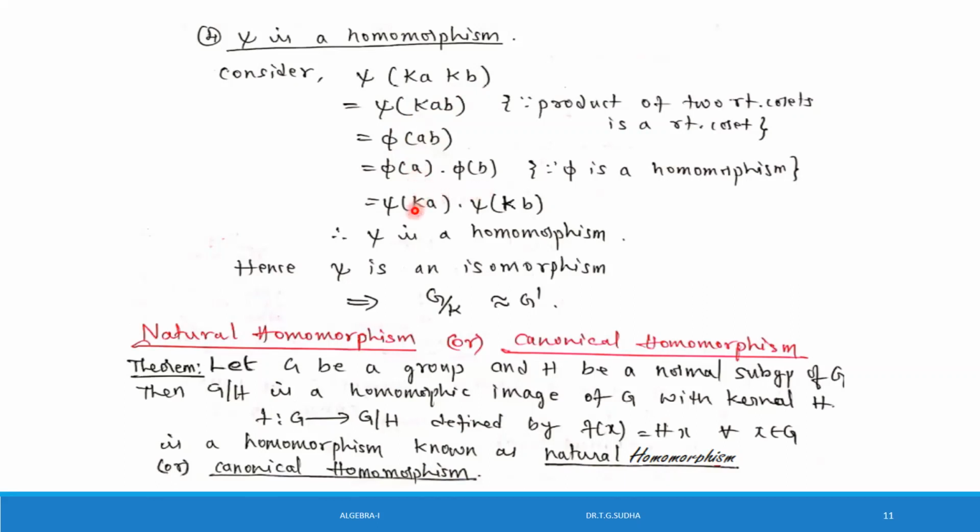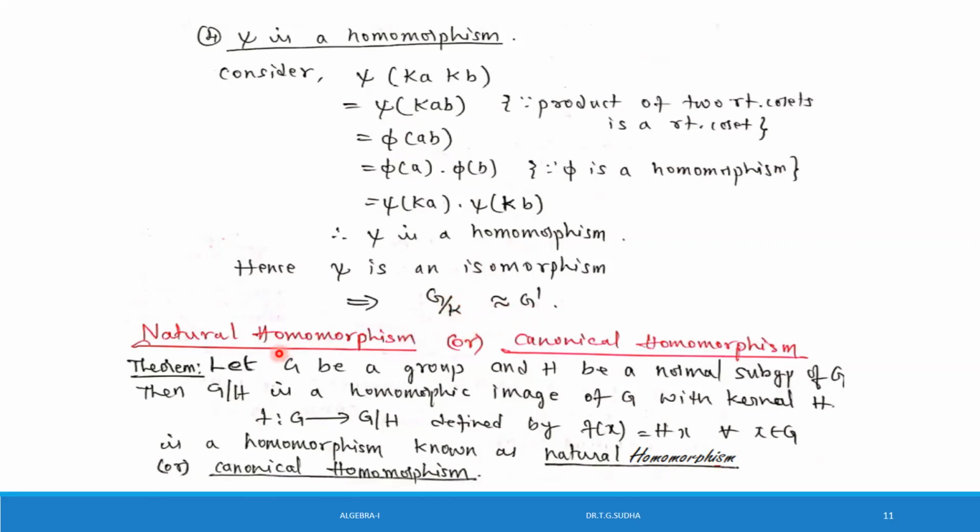Now phi of a can be written as psi of Ka and phi of b can be written as psi of Kb. So to begin with, we took psi of Ka into Kb and we showed that that is equal to psi of Ka into psi of Kb. Therefore, psi is a homomorphism. Since psi is already 1-1 and onto, psi is an isomorphism. That is the mapping psi from G by K to G dash is an isomorphism. Therefore, G by K is isomorphic to G dash.